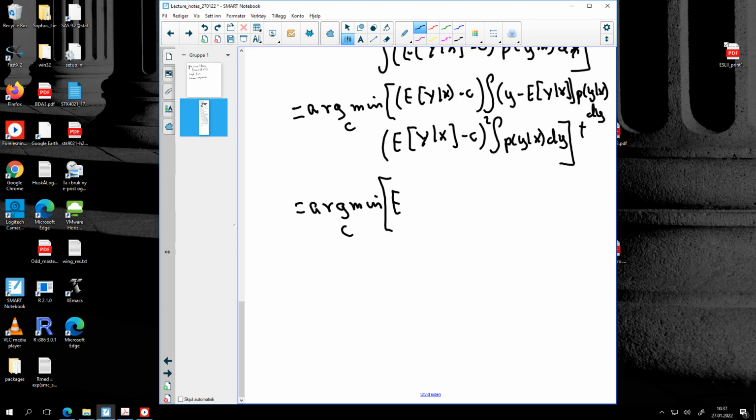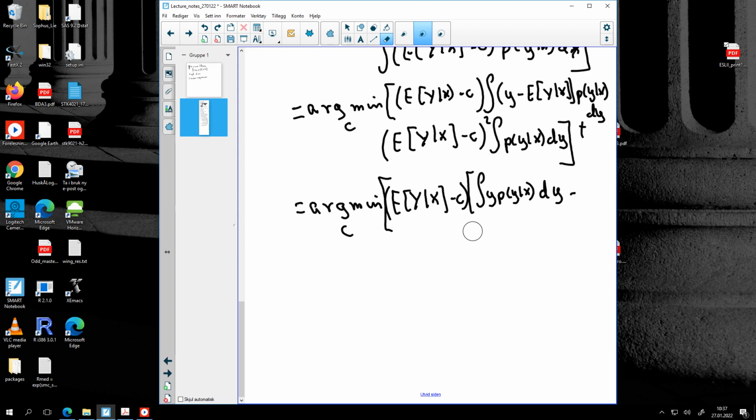We have the expectation of y given x minus c, and then we have the integral of y p of y given x dy minus the integral of the expectation.